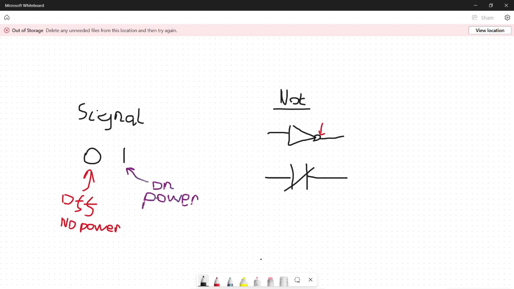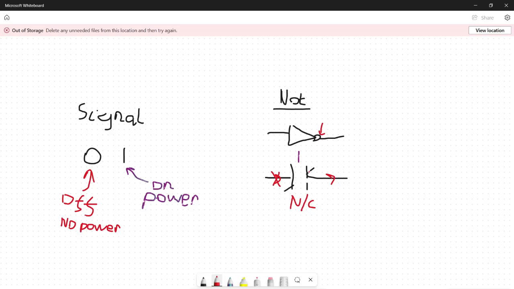This is what we call a normally closed switch. Normally closed. So current just runs through this without a problem. But the second this contactor gets powered, so the second we apply a 1 here and not a 0, this contactor opens and the current is cut.